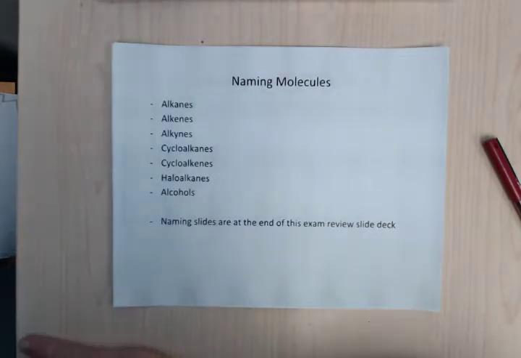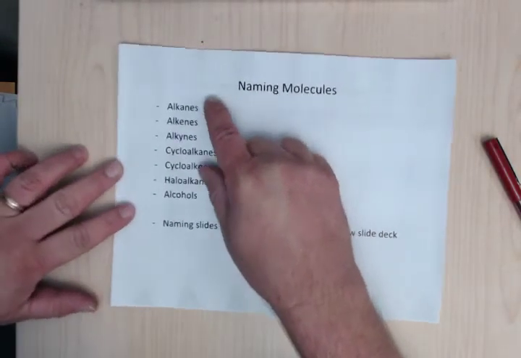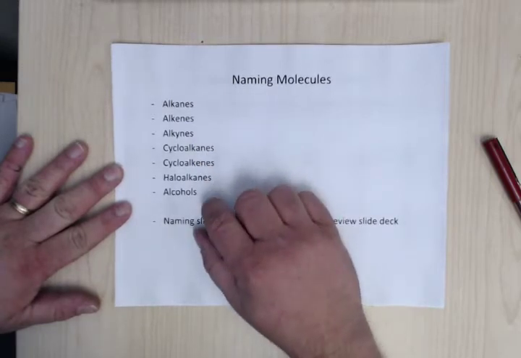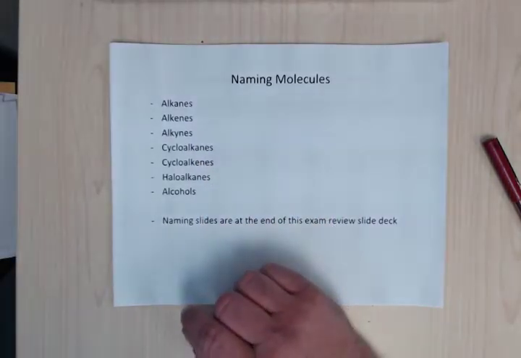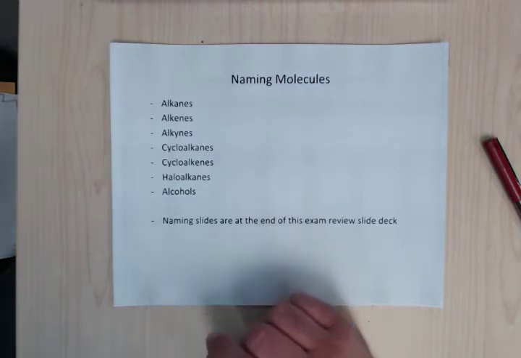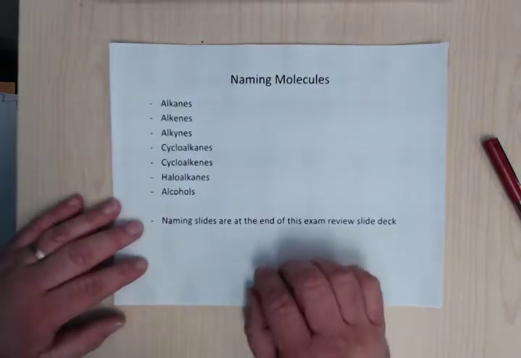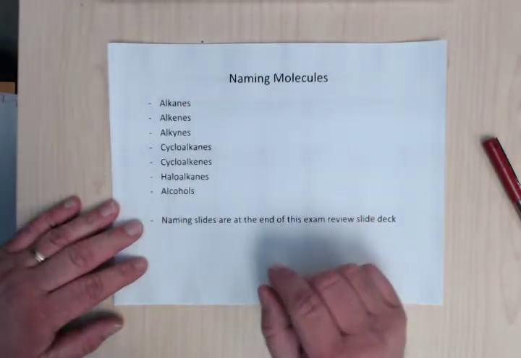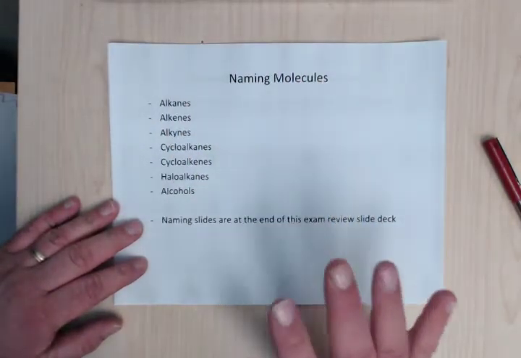Kicking off with the free answer part, we are going to be naming molecules: alkanes, alkenes, alkynes, the cyclics, haloalkanes, and alcohols. You won't necessarily get all of these because we only have 50 minutes for the test, but you don't know what's coming other than these.